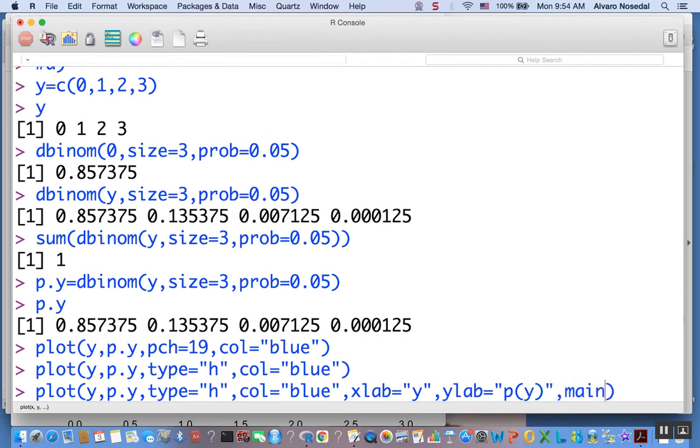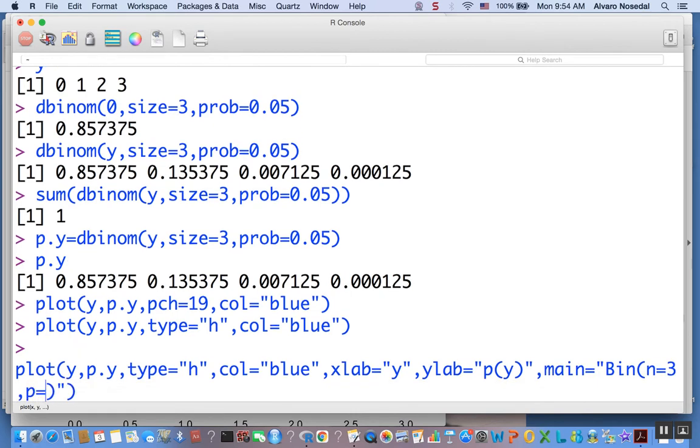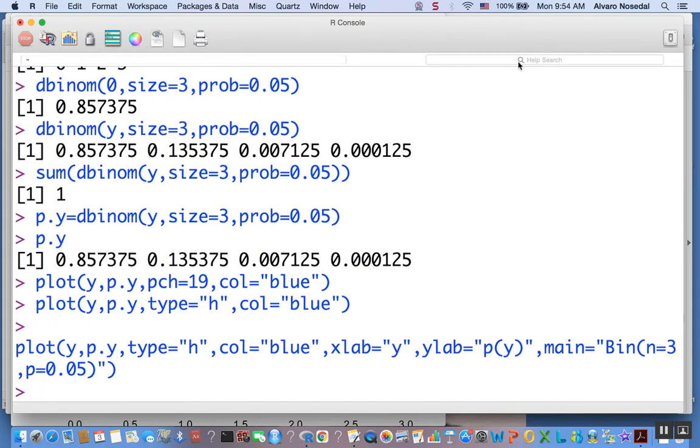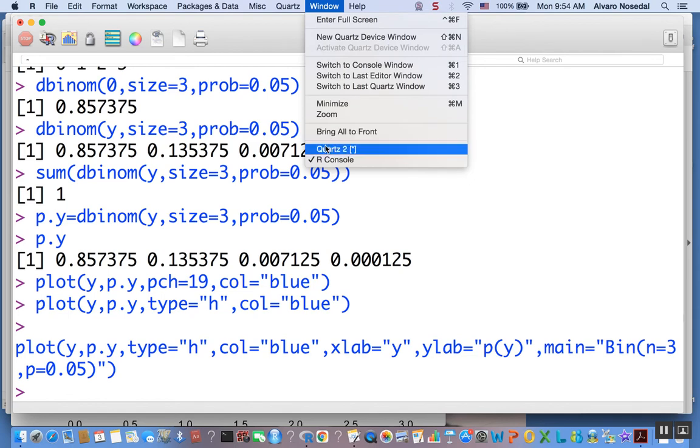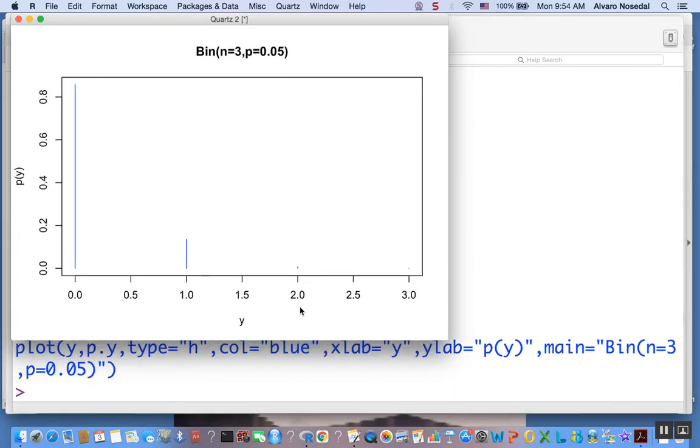Let me add a main title. It's going to be binomial n equals 3, p equals 0.05. Okay. So now if we go back to our graph, we have labels for the horizontal and vertical, and we have a main title.